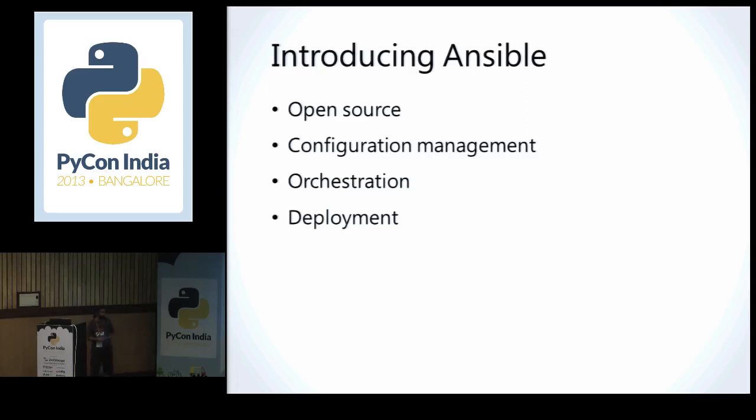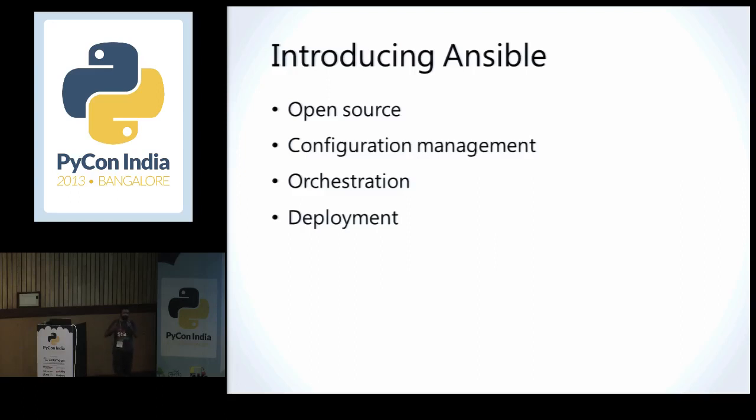The three main things that Ansible's documentation itself talks about are configuration management, orchestration, and deployment. Configuration management is a pretty basic concept: you have a certain configuration on your web servers, like you want them to run on a certain port, and you want to configure certain proxies, and how you would do that.